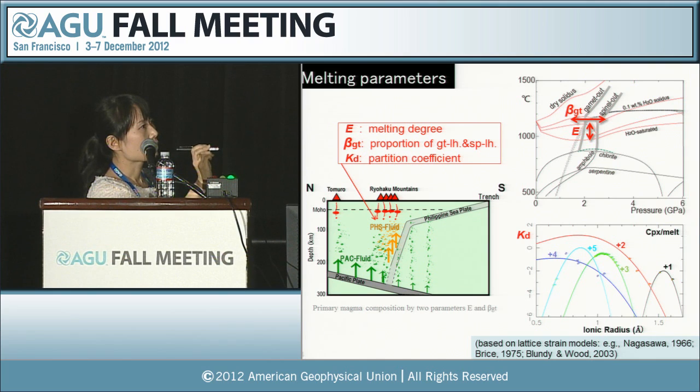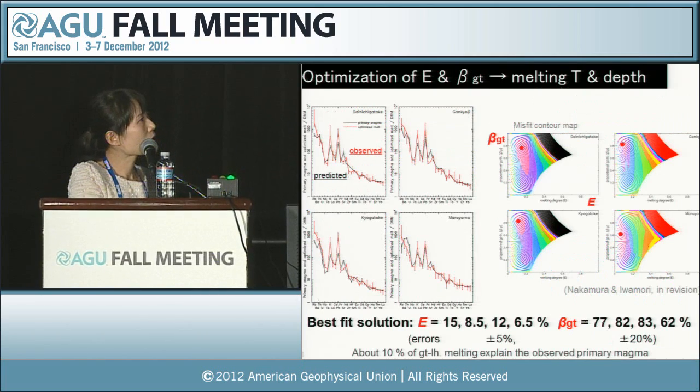By using partition coefficients studied by high-pressure experiments and lattice strain models, we can obtain the primary magma composition by using 2 parameters, melting degree and beta garnet. By optimizing melting degree and beta garnet to the observed composition of volcanic rocks beneath each volcano, the melting temperature and the depth can be determined for each volcano.